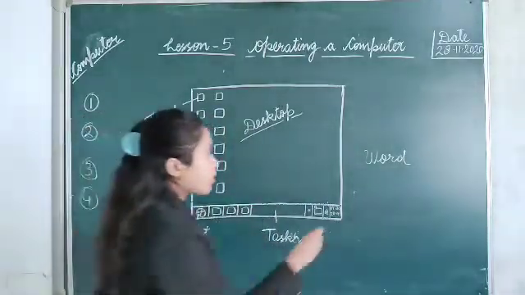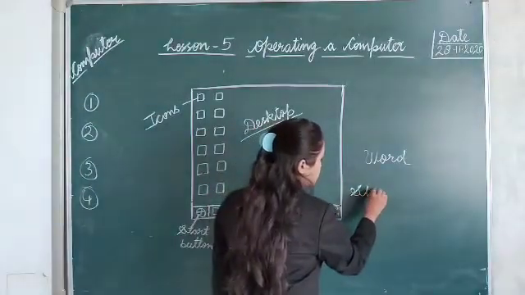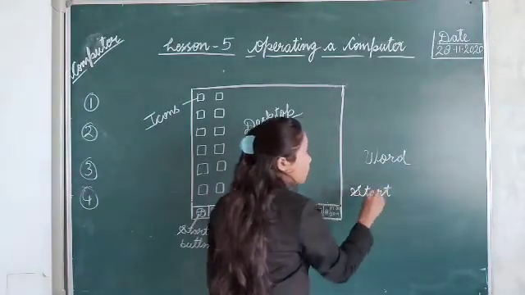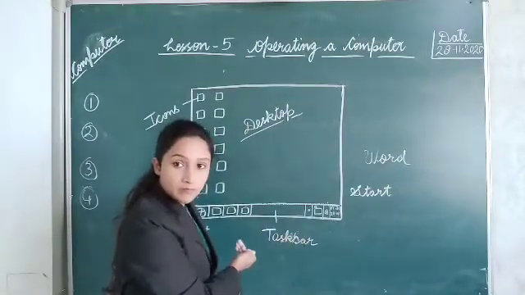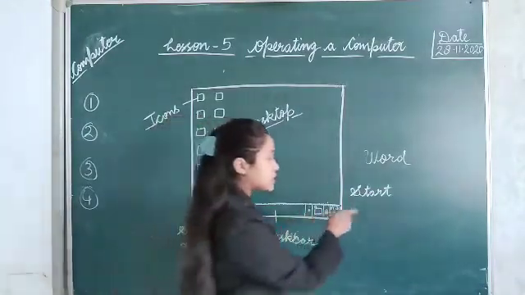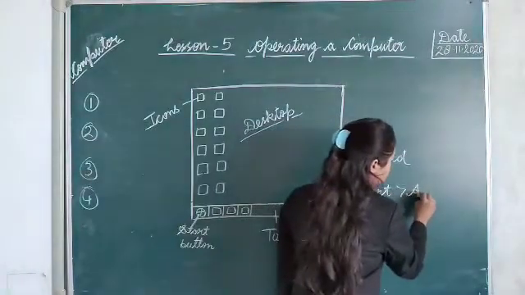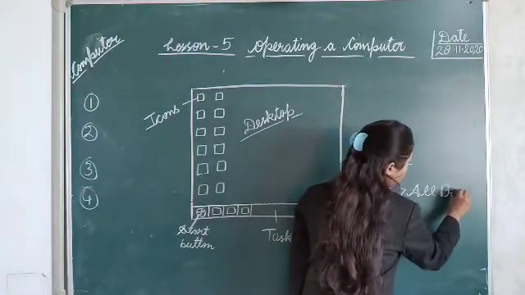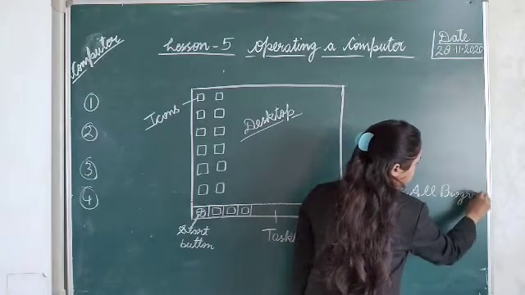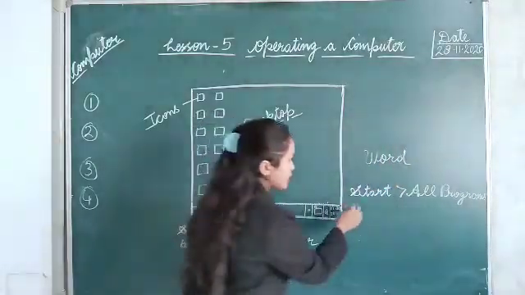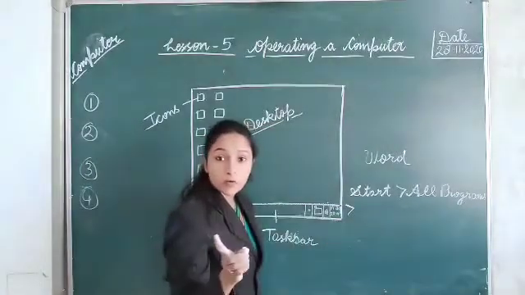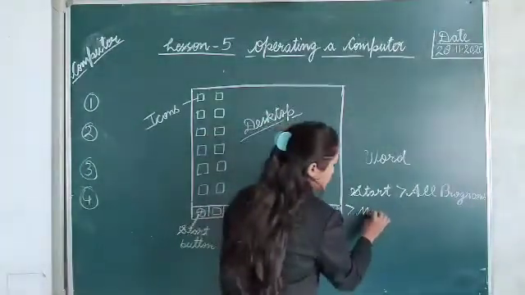So how to start a program? First click on the Start button at the bottom of the desktop, extreme left side. After that all programs. After that choose Microsoft Office.